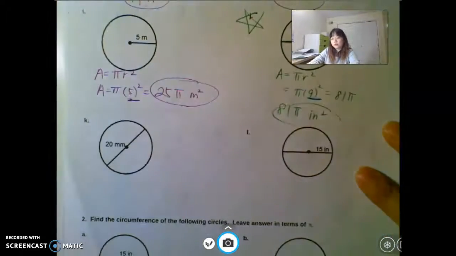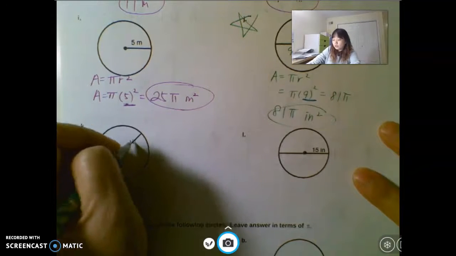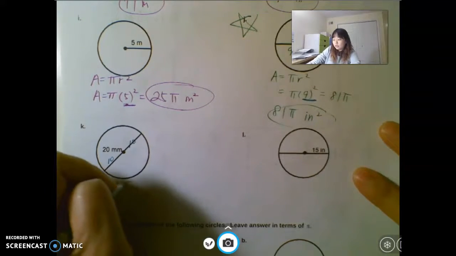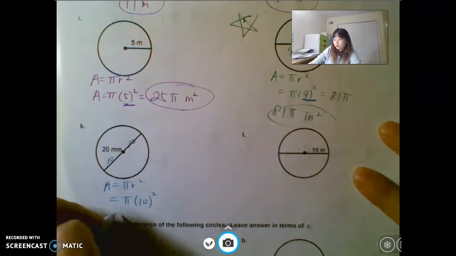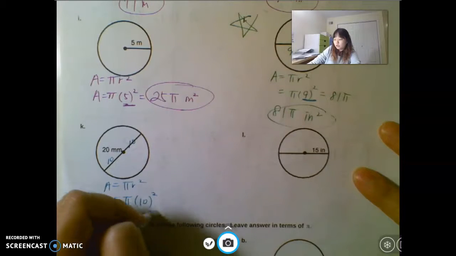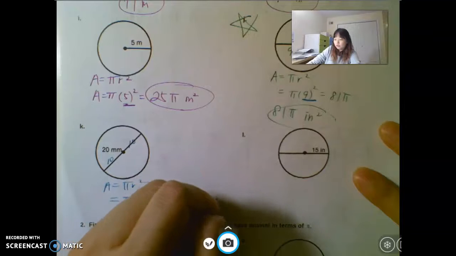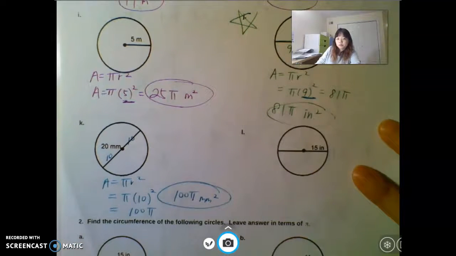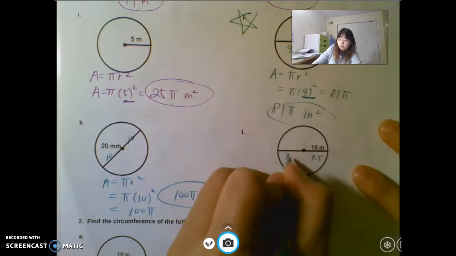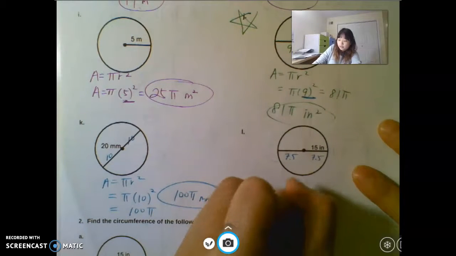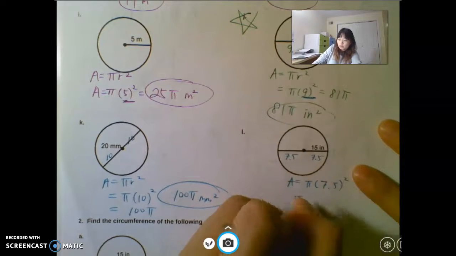Two more. The entire thing is 20, so it'll be 10 and 10. Area is pi r squared, pi times 10 squared. 10 squared is 100, so it'll be 100 pi millimeters squared. 15 is the entire thing, so you have to do 7.5 and 7.5. Area is pi times 7.5 squared.